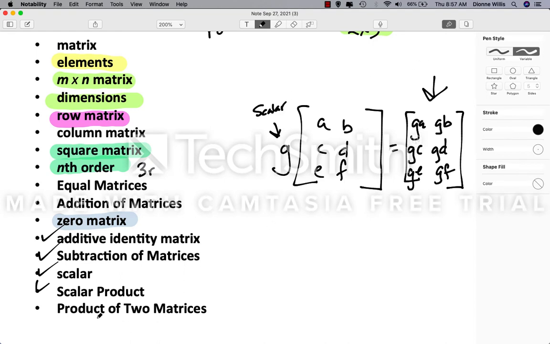And here we've got the product of two matrices, which requires attention to the size of the matrix. You got to be really focused on what the size is. So what we realize is that when you're actually multiplying the matrices themselves, you need to make sure that the column of the first one is going to be equal to the row of the second one.